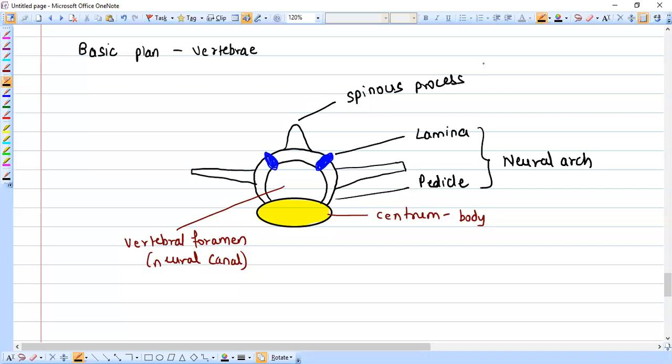And the spinous process is basically resulting in the spine. This what you can see here is called transverse process, that will allow all the nerves to pass through it. So this is how your posterior view of any typical vertebrae looks alike. So this is called posterior view.